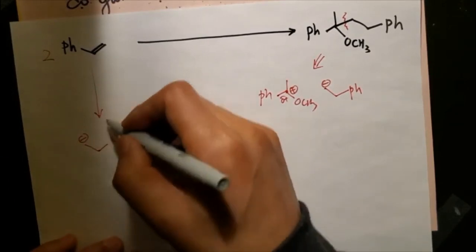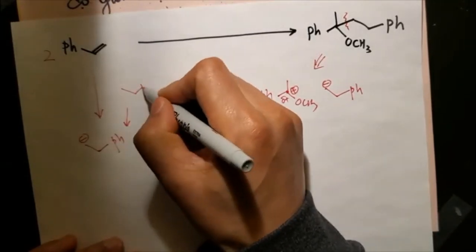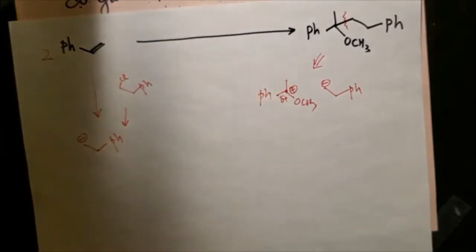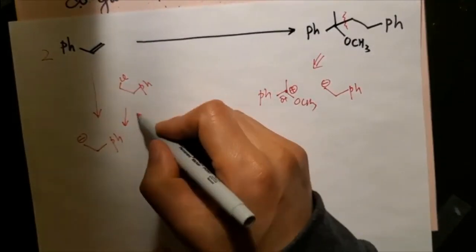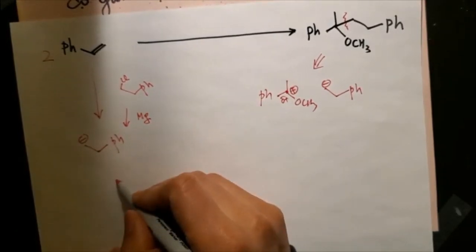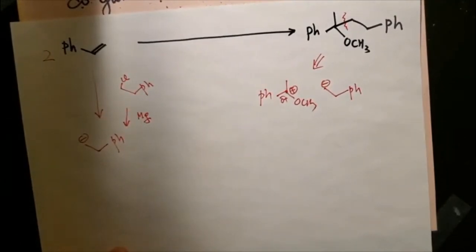Well, how do I make a carbon negative? You guys all know. If you have Ph with chlorine or bromine there, then you can simply put metals there. Then you can have some type of a radical reaction.